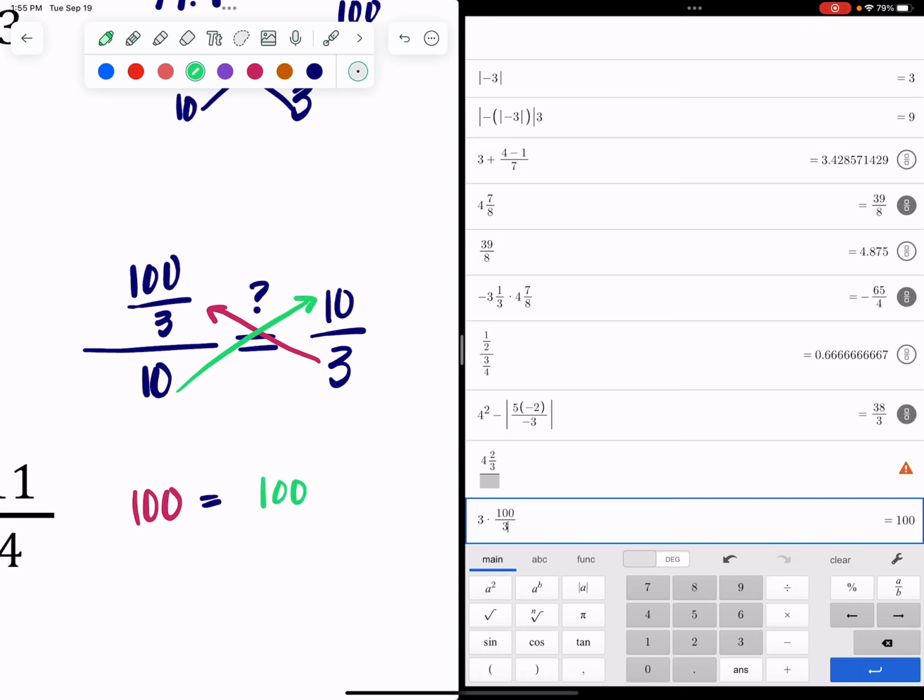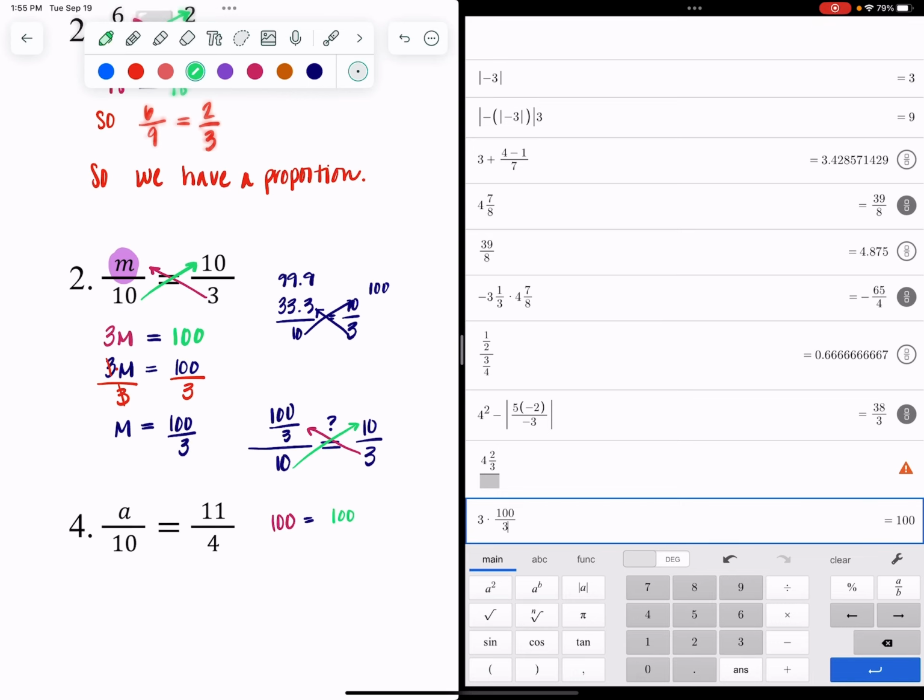And 100 is indeed equal to 100. So we have a proportion where our final answer, the one number in the whole universe that makes that proportion true, is 100 over 3, and that is an exact value. It is not an approximation.